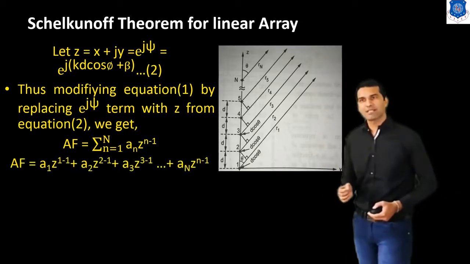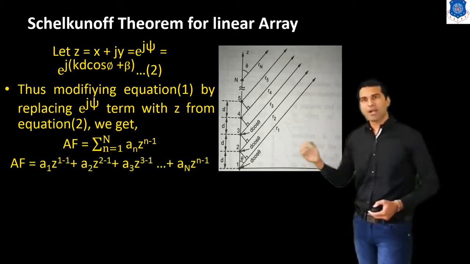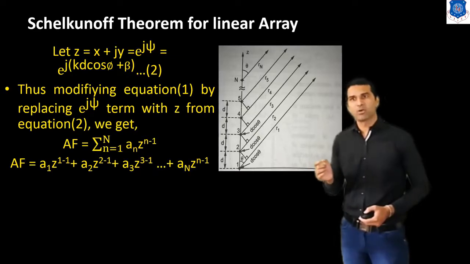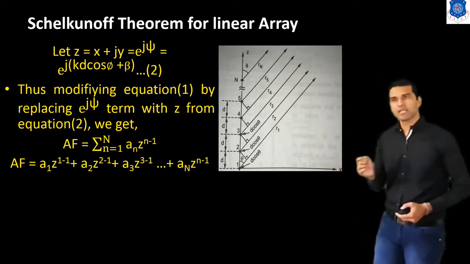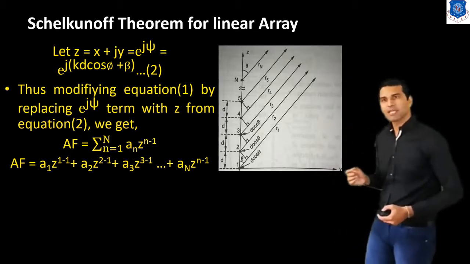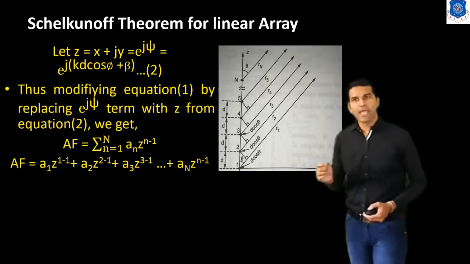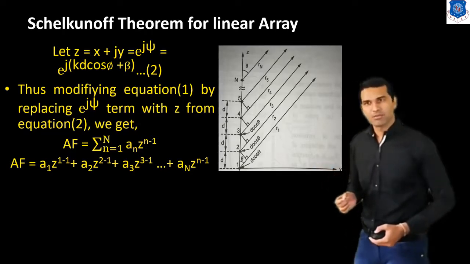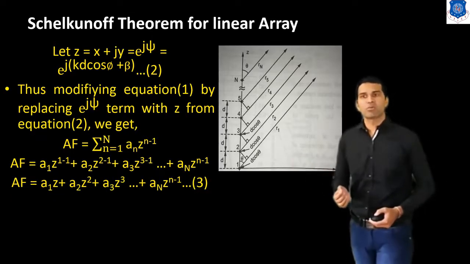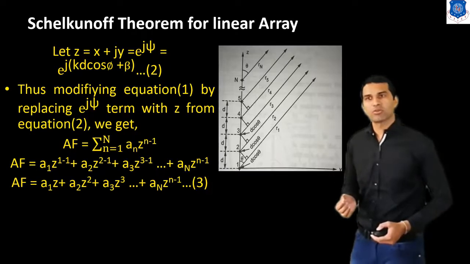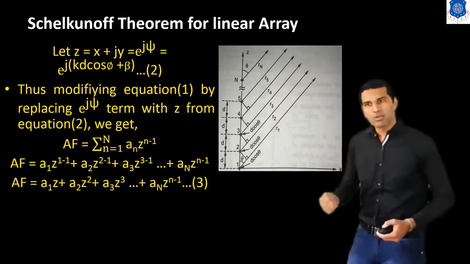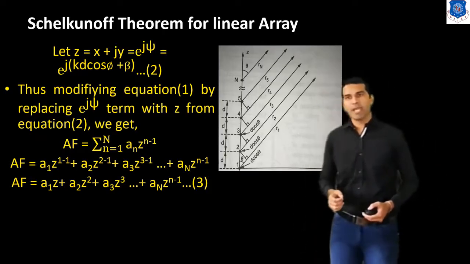Expanding this, AF equals a1 z raised to 1 minus 1 plus a2 z raised to 2 minus 1 plus a3 z raised to 3 minus 1 up to a_n z raised to n minus 1. Simplifying, z raised to 1 minus 1 is z raised to 0, which is 1. So we can write this equation as a1 plus a2 z plus a3 z square up to a_n z raised to n minus 1.